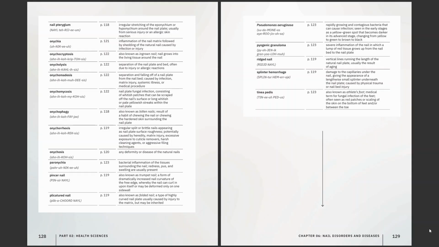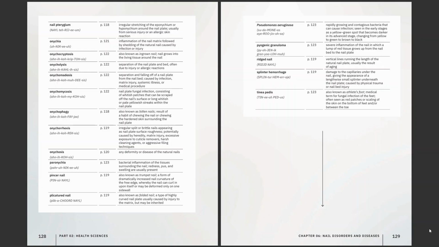Pyogenic granuloma: severe inflammation of the nail in which a lump of red tissue grows up from the nail bed to the nail plate. Ridged nail: vertical lines running the length of the natural nail plate, usually the result of aging.